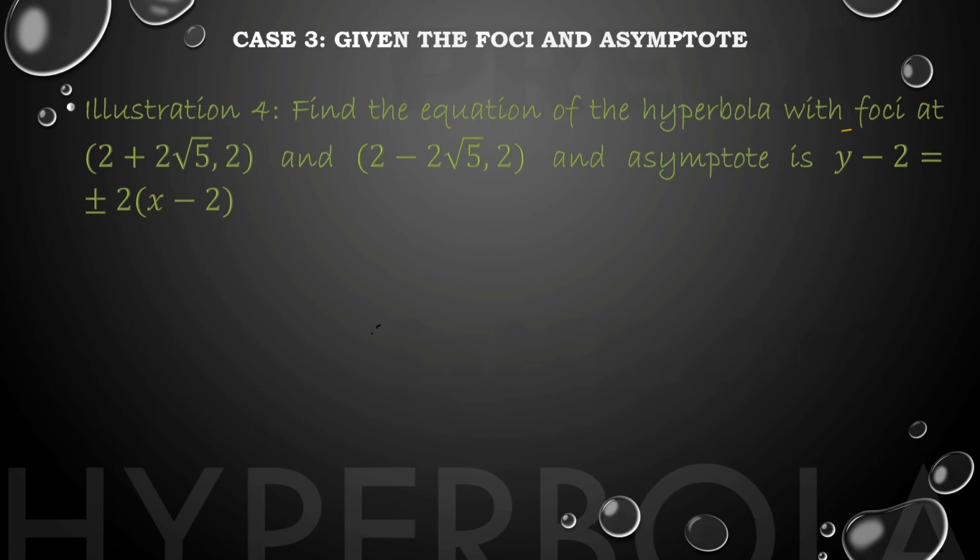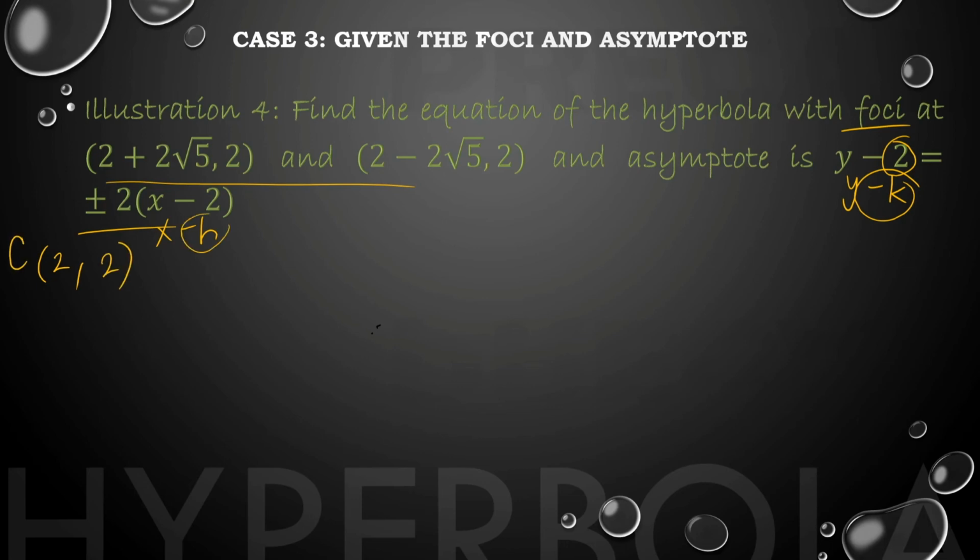Pero, kung gusto niyo na mas madali, since given naman yung asymptote, y minus k, so yung k natin is positive 2, and then x minus h, so h natin is positive 2. So, ito yung center niya. Mas madali kaysa mag-compute pa tayo since given na naman yun.